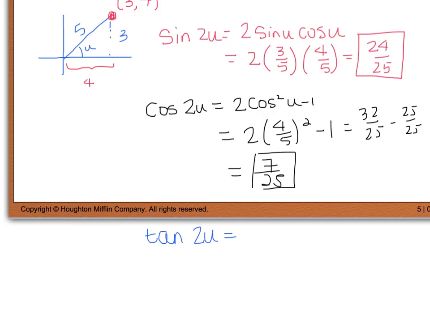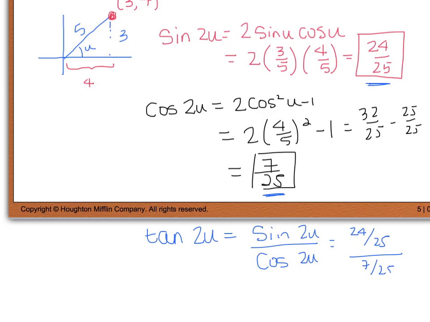Tangent of 2u gives us the sine of 2u divided by the cosine of 2u. Now this wasn't exactly given to you as one of the properties, but it's the same concept. And I would use this concept because we've already solved for the sines and cosines. So what that gives us then is sine of 2u was up here, so we have 24/25 divided by cosine of 2u, which was 7/25.